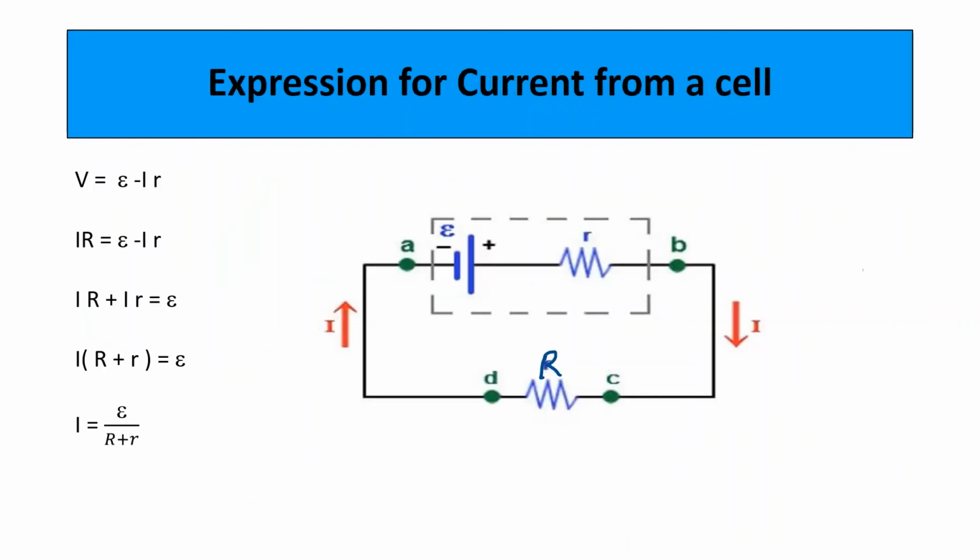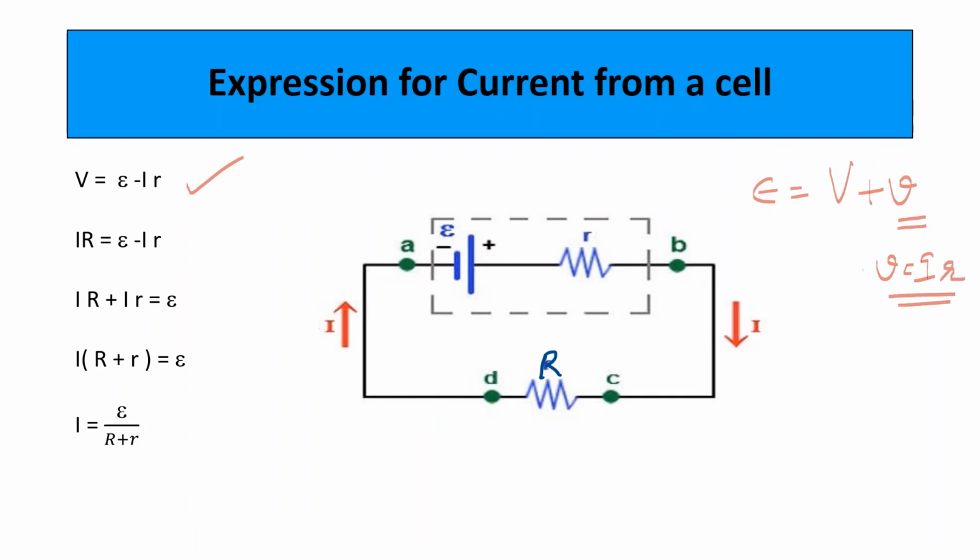Let us now look into the expression for current in a cell. We know the potential V is equal to epsilon minus Ir, because epsilon is equal to capital V plus small v, where small v represents the voltage drop due to this internal resistance and capital V represents the voltage drop due to this capital R. The small v we learned as I into small r.